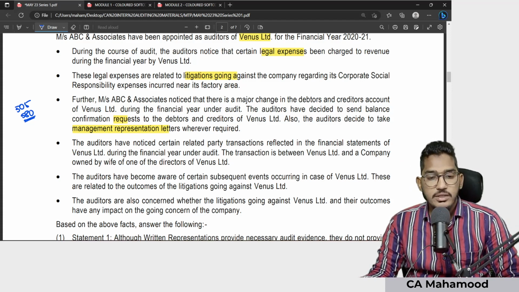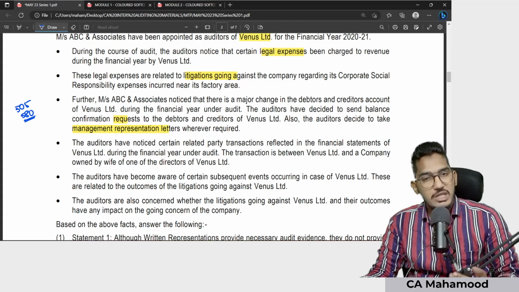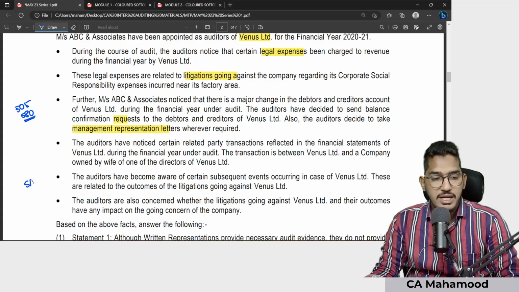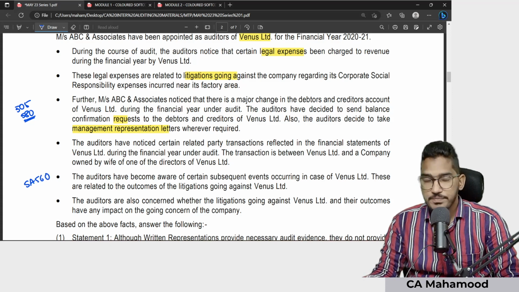Next one. The auditors have become aware of certain subsequent events in the case of Venus Limited. These are related to outcomes of litigations going on against Venus Limited. So SA 560 will also come into the picture, because they are able to identify subsequent events. Next one.